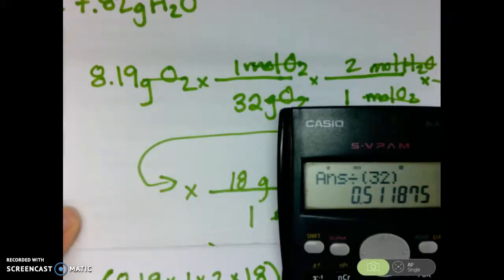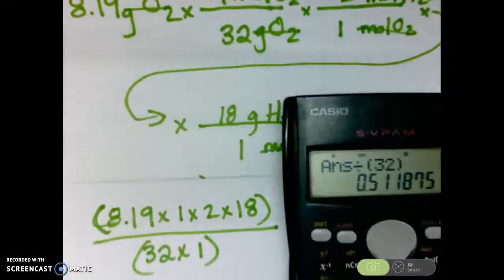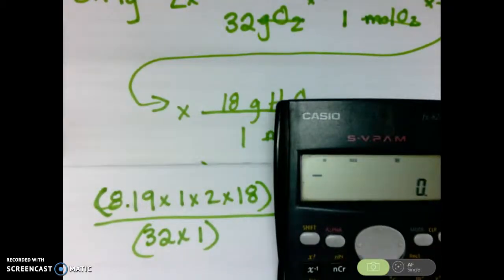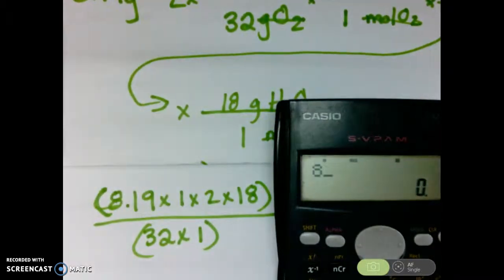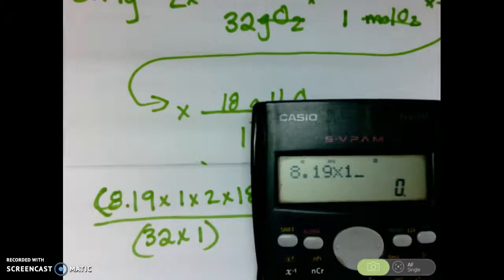So now everything is here written out for us, what we need to do, and I have my calculator here. We have 8.19. You do not have to multiply it by 1, okay, because 1 is hopefully very simple. Multiply it by 2 and multiply it by 18. Then we press our equal sign.